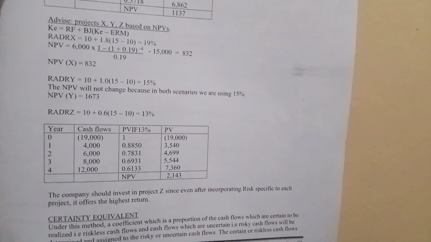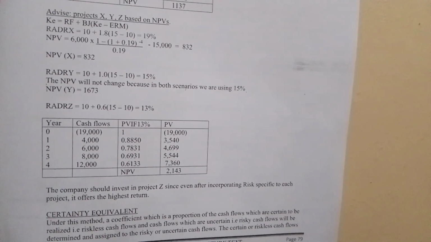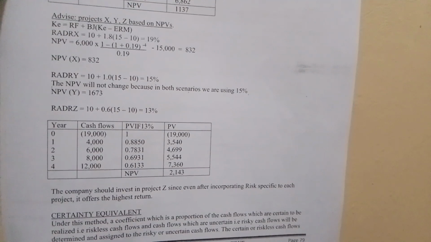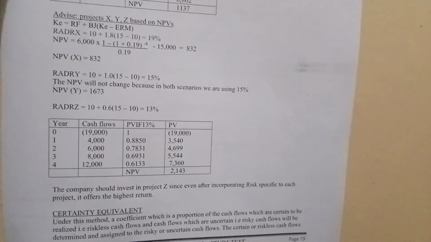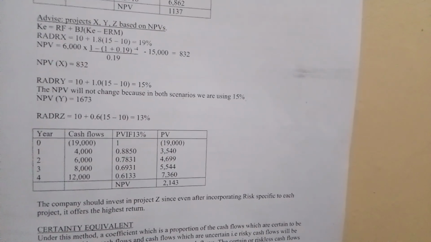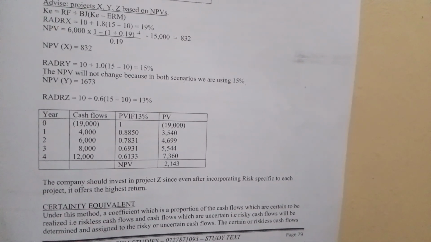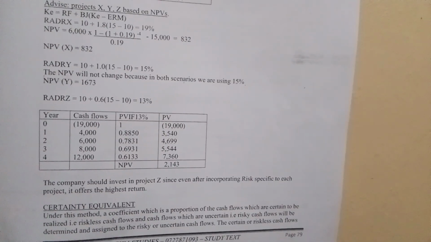Next, the risk adjusted discount rate for project Y. The beta factor you have been told for Y is 1. So you just take 10, which is the risk-free rate, plus the beta factor, which you have been given as 1.0, into brackets 15 minus 10, you get 15%.